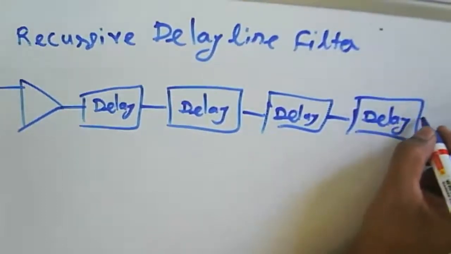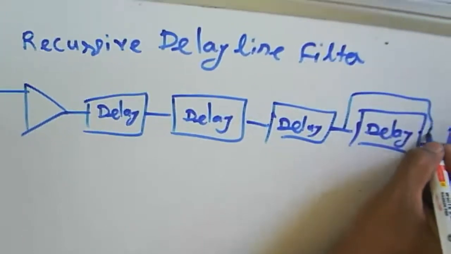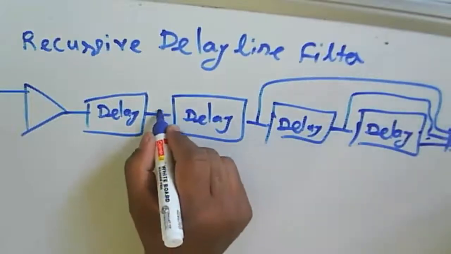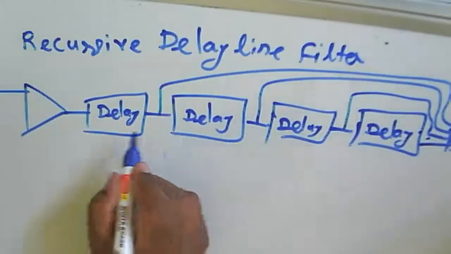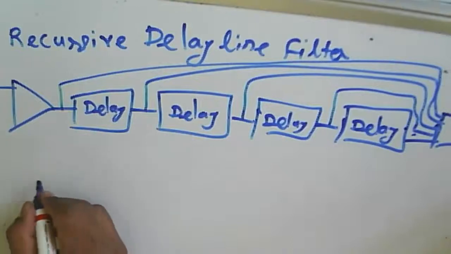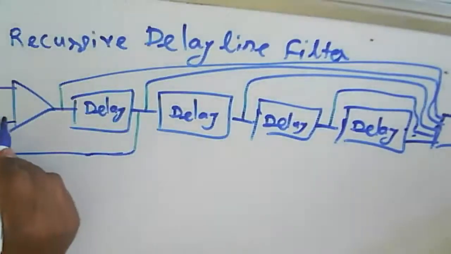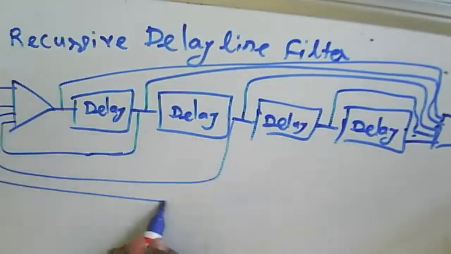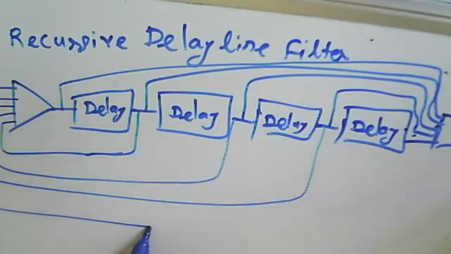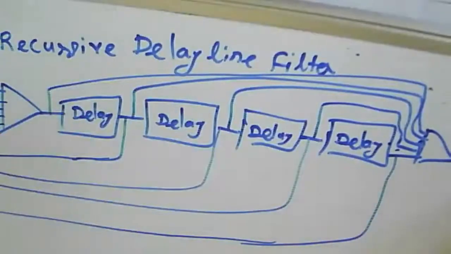And then we sum all these delays, getting the input from each and every component, including what we get after delay 1. And then we will get the output here. This one is about the configuration.